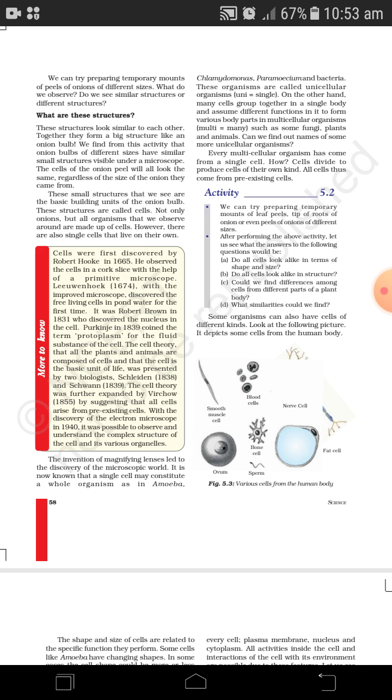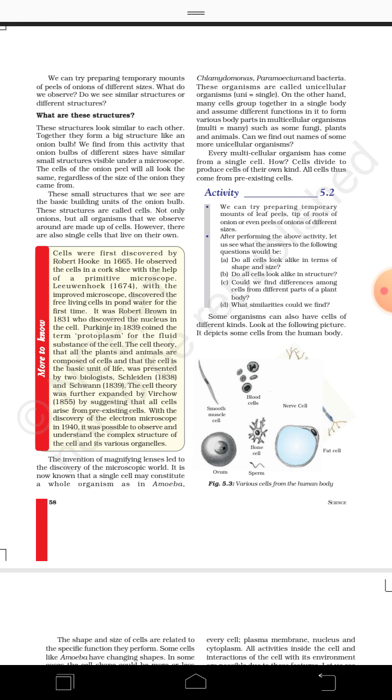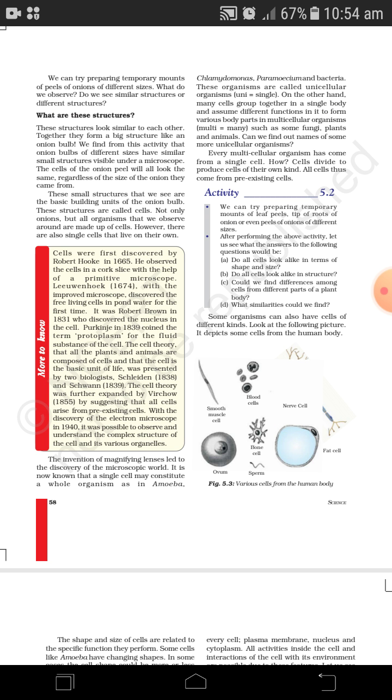The cell theory says that all plants and animals are composed of cells and that the cell is the basic unit of life. It means that the cell theory is what they are saying here. What is it? Not an example, a definition.